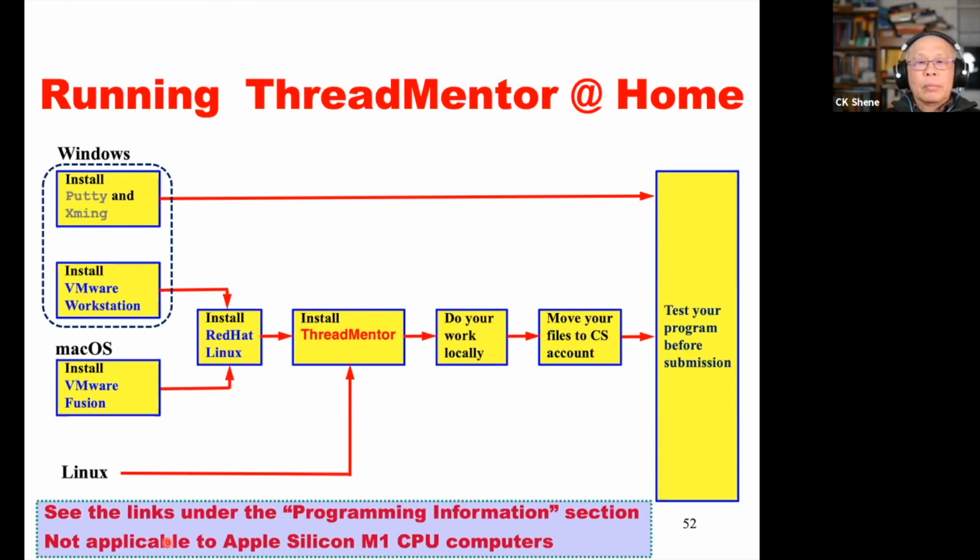VMware talk about a possible new version, and I hope they will release the new version early, but there's no guarantee. So if you use a M1 chip computer, you probably have to use SSH, log into a CS machine and enable X forwarding in order to get graphics back.